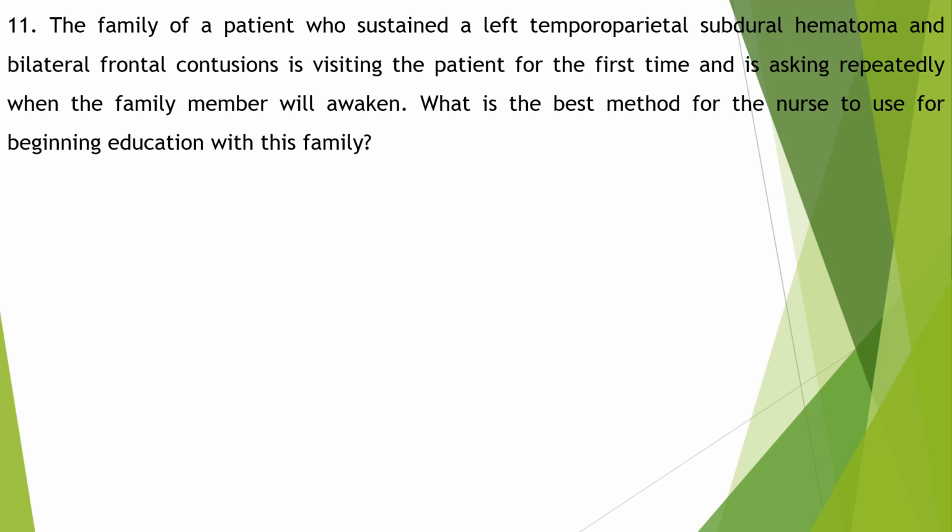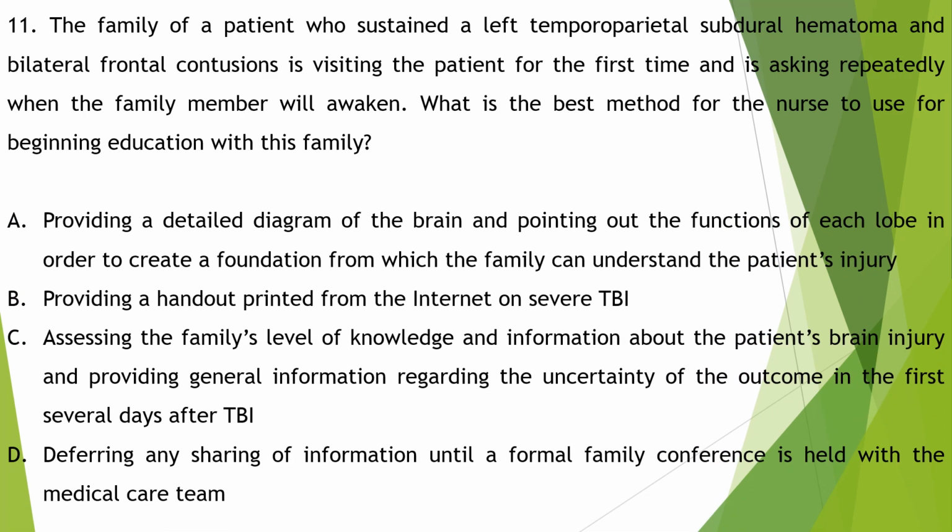The family of a patient who sustained a left temporoparietal subdural hematoma and a bilateral frontal contusion is visiting the patient for the first time and is asking repeatedly when the family member will awaken. What is the best method for the nurse to use to begin education with this family? Providing a detailed diagram of the brain and pointing out the functions of each lobe in order to create a foundation from which the family can understand the patient's injury.